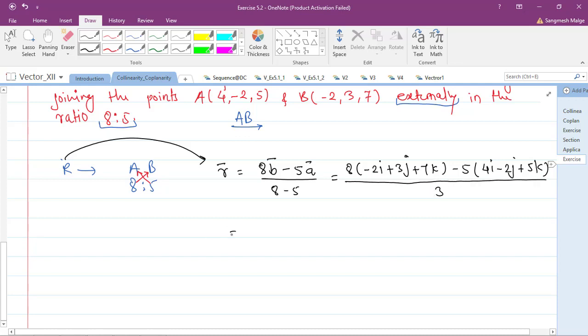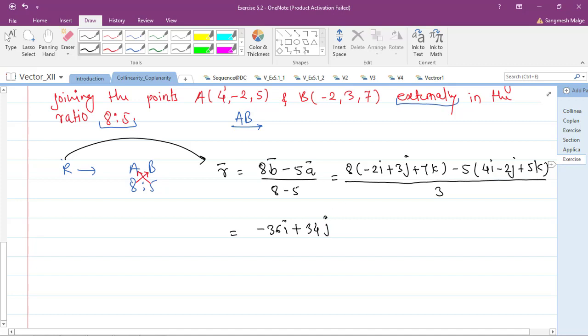Let's open the bracket. It is 8 into 2 is minus 16, and minus 20, so it becomes minus 36i. Then we have 8 into 3 is 24, and plus 10, so 24 plus 10 becomes 34, so plus 34j.